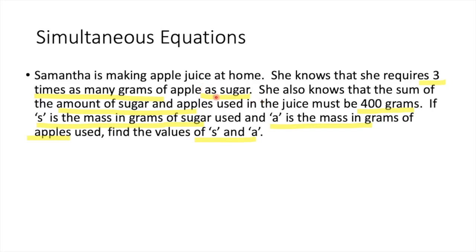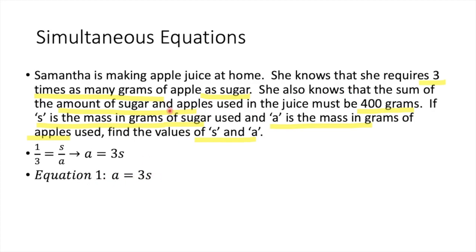We know that for each gram of sugar, she requires 3 grams of apple. Therefore, we can find out the number of grams of apple required for S grams of sugar. So 1 upon 3 is equal to S upon A. And cross multiplying, we get A is equal to 3S. So therefore, this becomes our first equation.